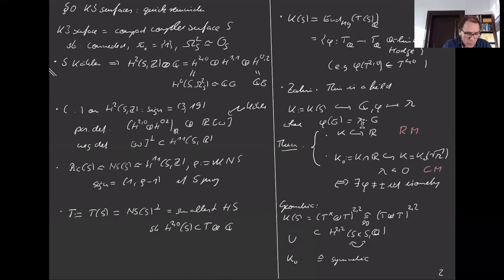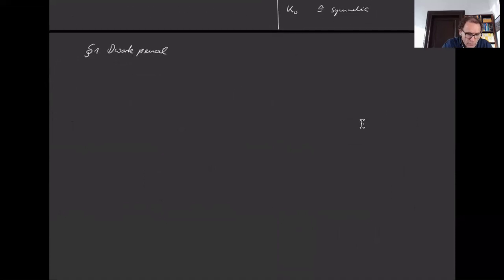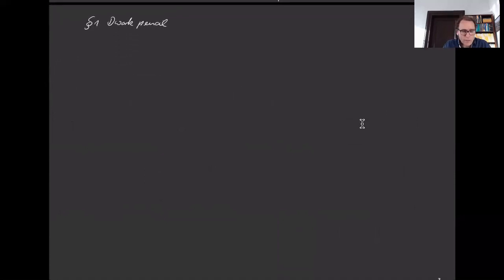Okay, I think this is all you need to know from the theory of K3 surfaces, and I can dive into the first family right away.